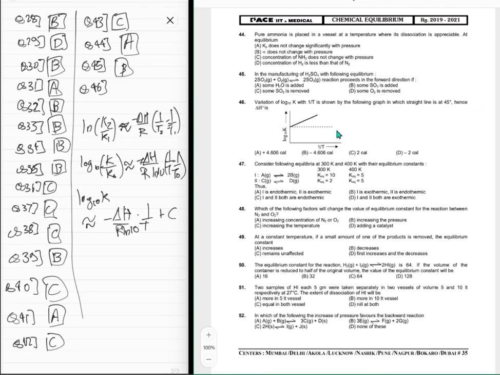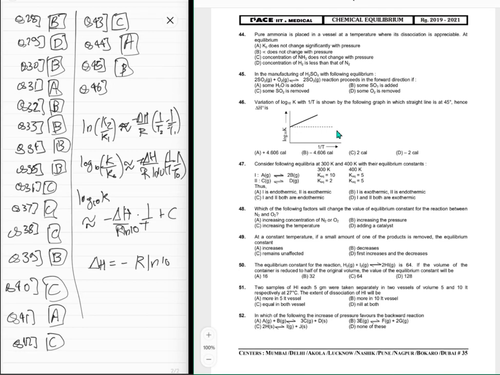That means the slope is 1, so delta H is negative R natural log 10, and it's with 1 upon T.